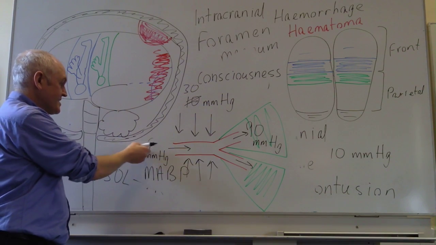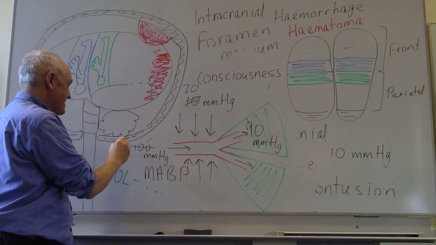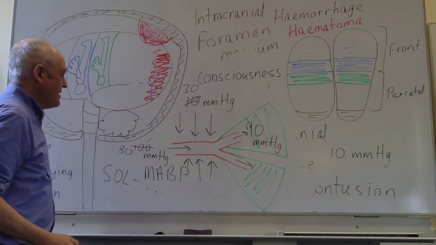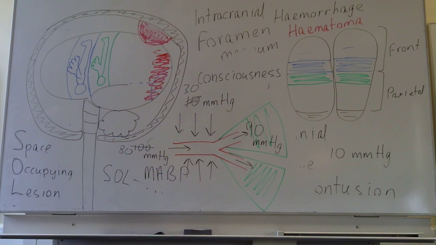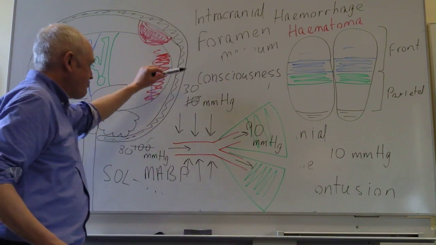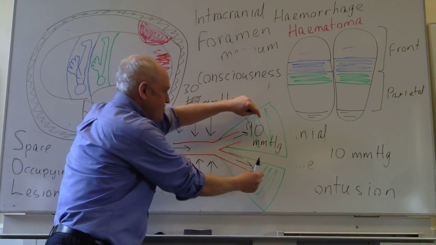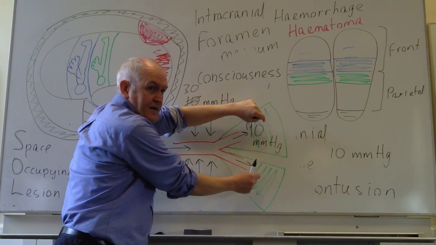So especially if the blood pressure's down to an average of 80, can you see now we're down to 80 minus 30? We're way down now, aren't we? But even if that blood pressure's normal, if the intracranial pressure rises, that's going to reduce the amount of blood getting to the brain.